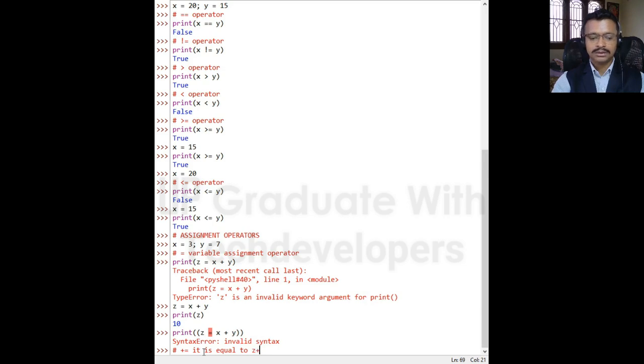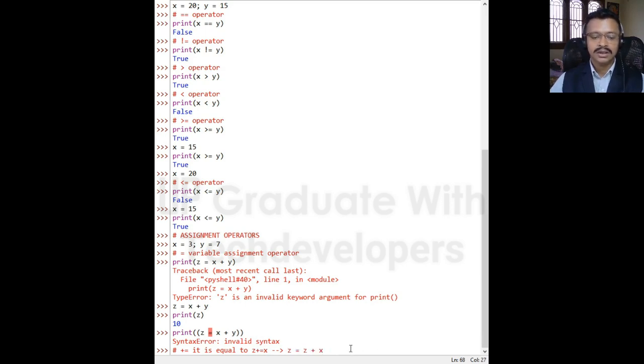If z plus is equal to x, then it can be written like this: z is equal to z plus x. So z plus is equal to x is nothing but z is equal to z plus x.